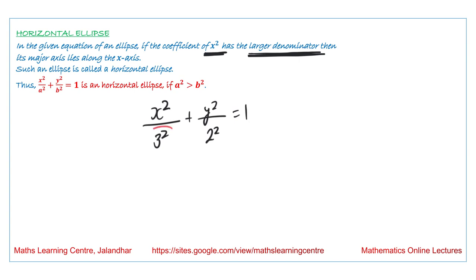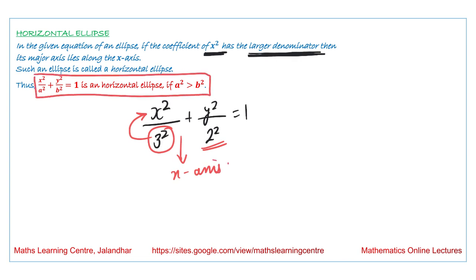So the denominator of x is larger than the denominator of y. So this ellipse will have the major axis along the x-axis. In general, x square over a square plus y square over b square is equal to 1 is a horizontal ellipse if a square is greater than b square.